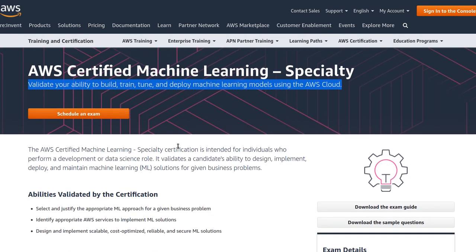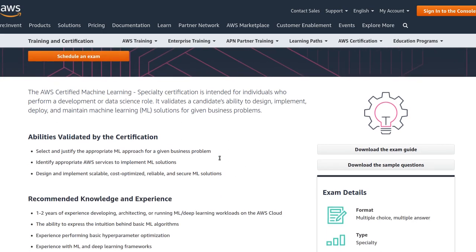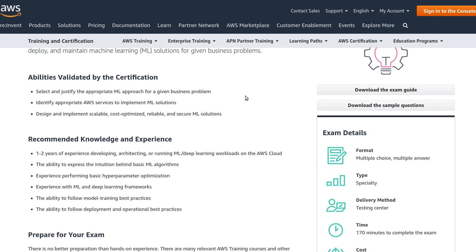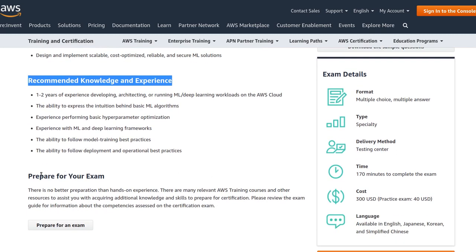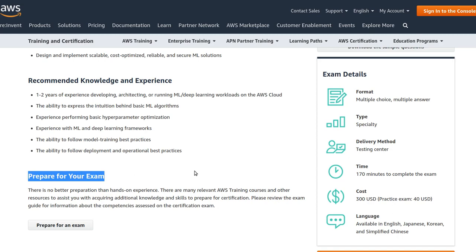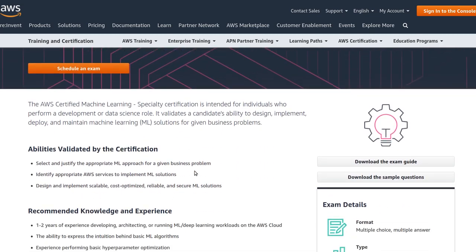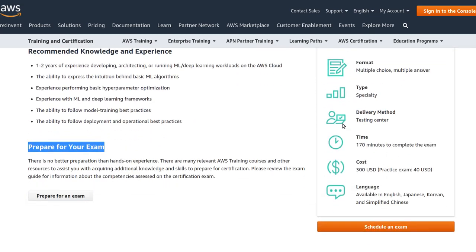You can schedule an exam here. But here, there are the abilities that are validated by the certification, the recommended knowledge and experience, and how to prepare for the exam. And here on this side, you have the time it takes to complete the exam, 170 minutes, and the cost is 300.